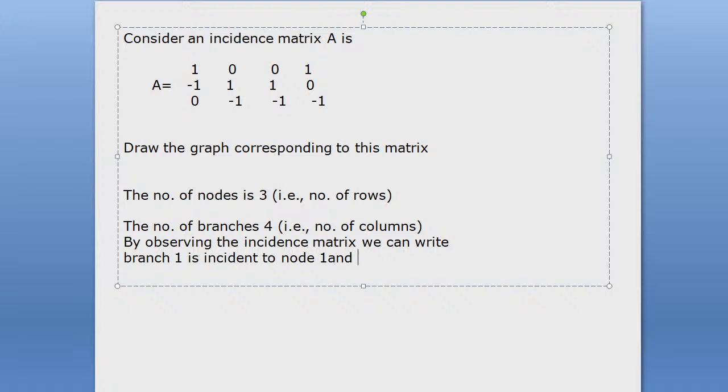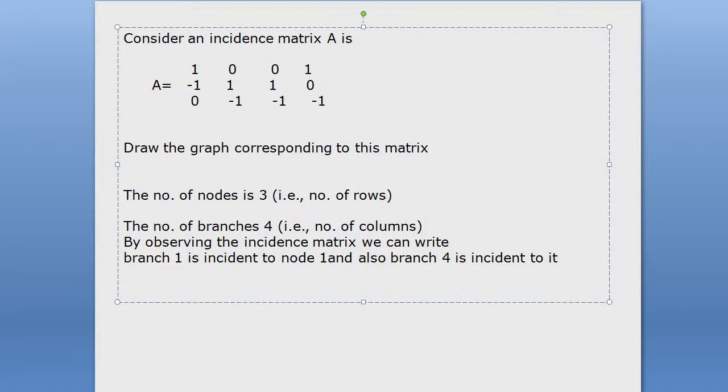and also branch 4 is incident to it, because you see plus 1, plus 1. And plus 1 means it leaves from the node.